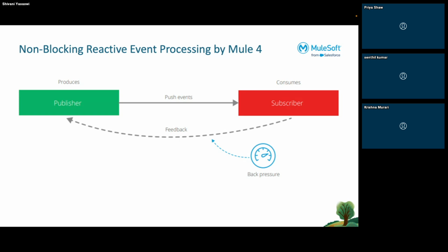The Mule runtime will reject those events. This rejection is called back pressure. All of this does not require your intervention in terms of building the logic.